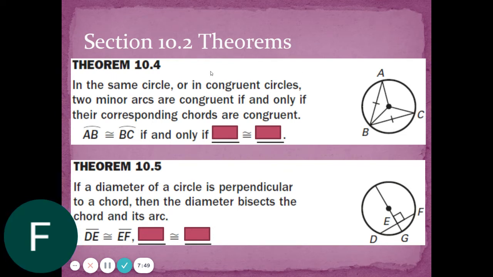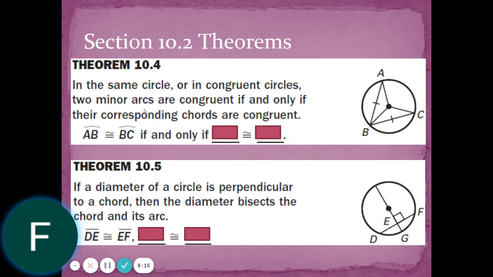So the first one says, theorem 10.4, do not worry about remembering the numbers to the theorems, just remember the properties of the chords. So in this case, we have a circle with 2 chords drawn in it, and the 2 chords are congruent in length. So you'll see the chord AB is congruent to chord BC.